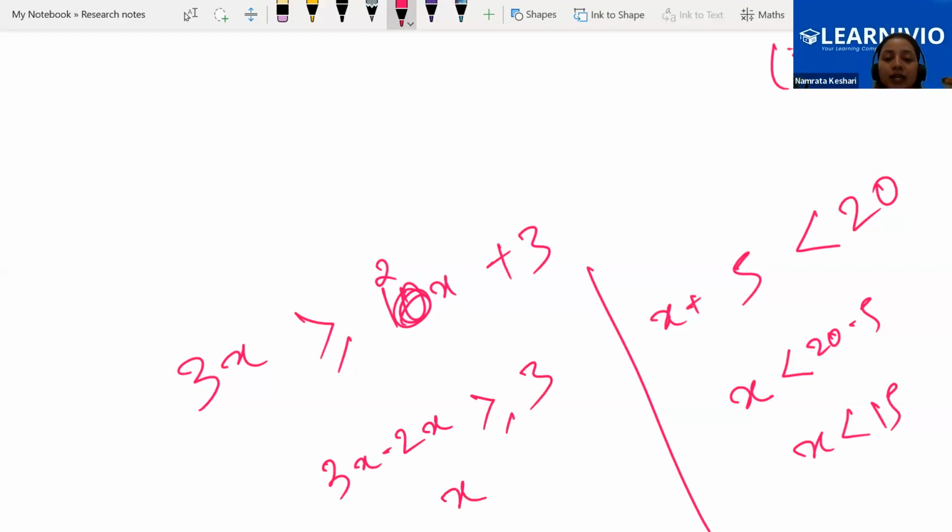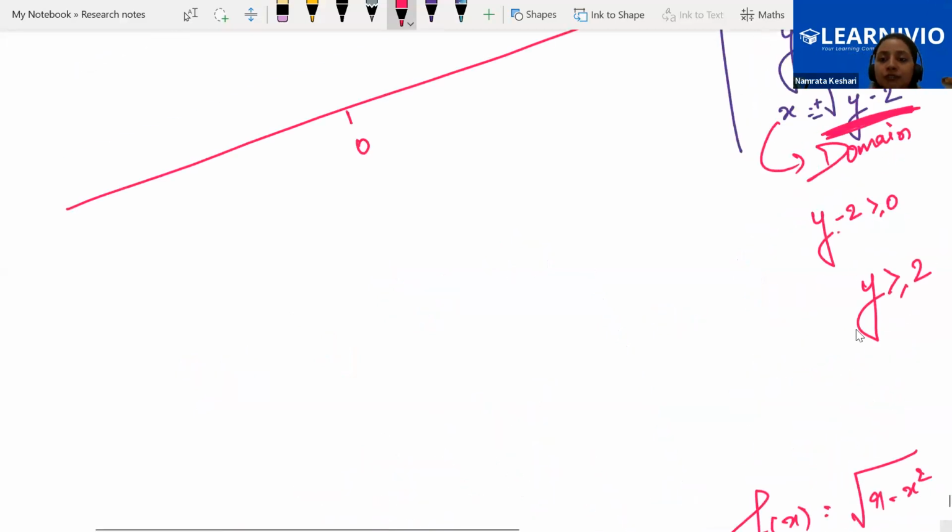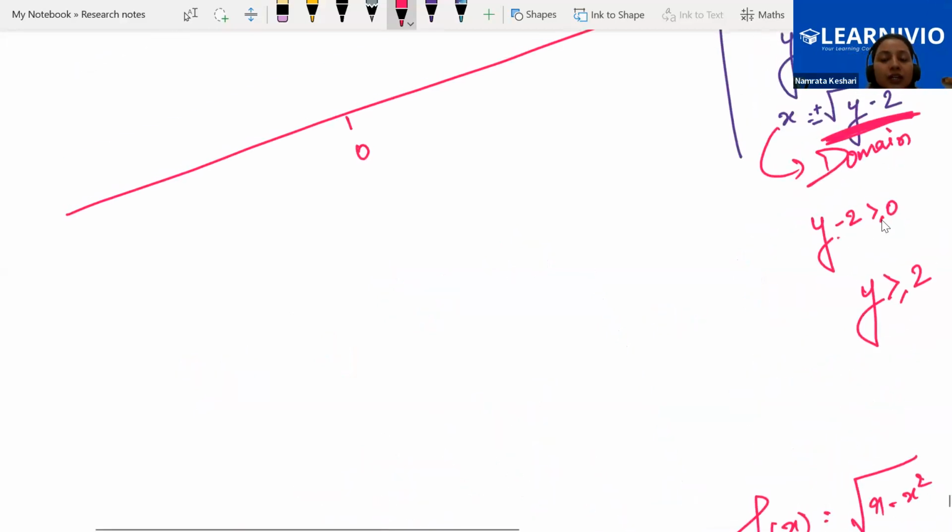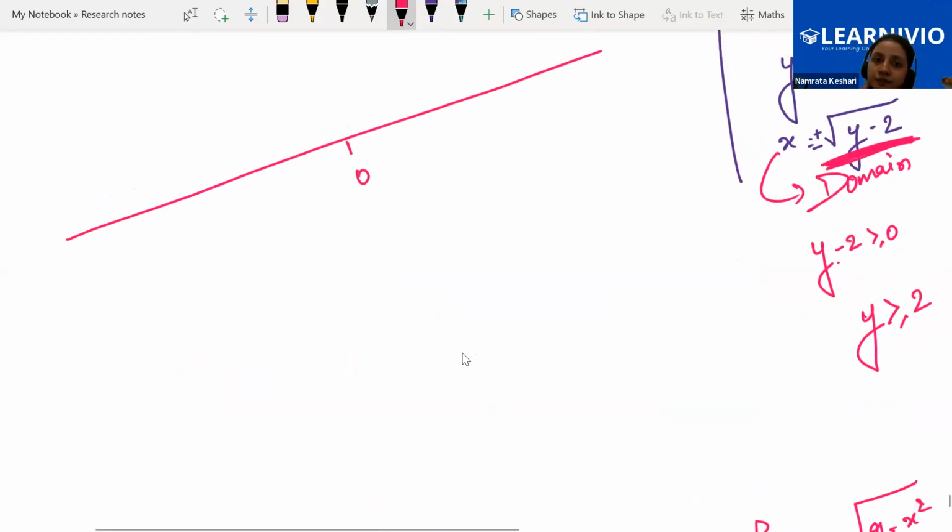Only one place you have to be careful: while dividing or multiplying by a negative number, you have to reverse the sign. That's it. Getting it? So if we have y minus 2 bigger than or equal to 0, then y is greater than or equal to 2. Can you see it?